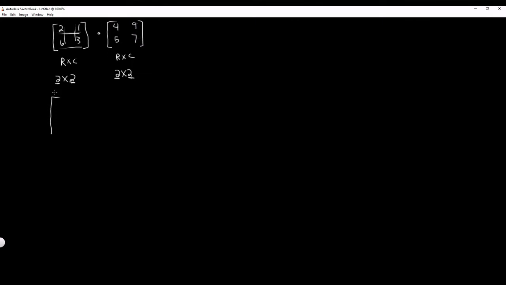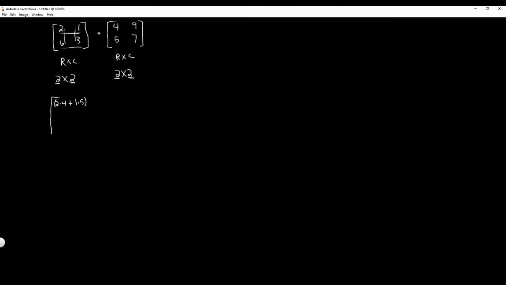We're going to take this row and multiply it by this column. So 2 times 4 plus, then we go on to the second element of the first row, 1 times the second element of the first column, 5. And that's going to be the first element in our final matrix.